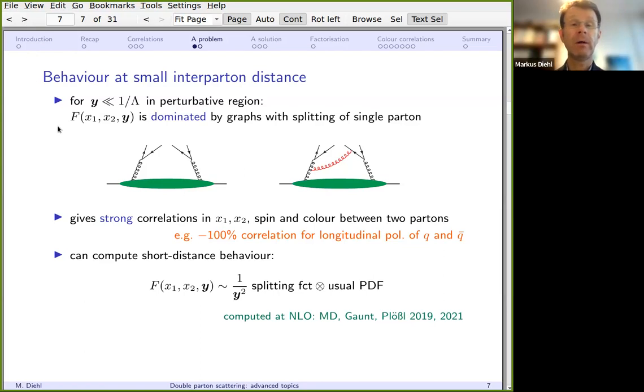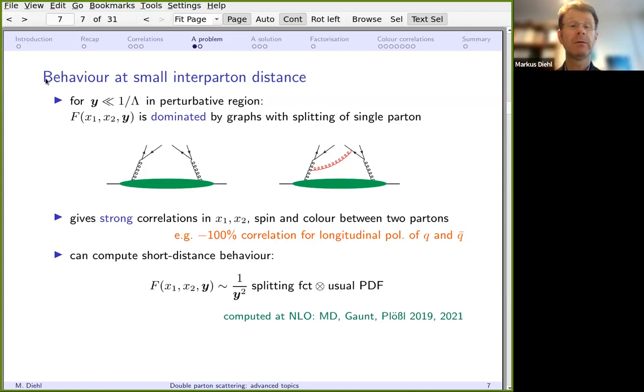And if you ask, how can I get two partons at a relative distance of 1/10 or 100th of a femtometer? Well, the obvious answer is start with a single parton and split it into two. If this is perturbative, then the distance here is going to be small. And if the distance is small, the coupling is small, and you can compute this reliably.